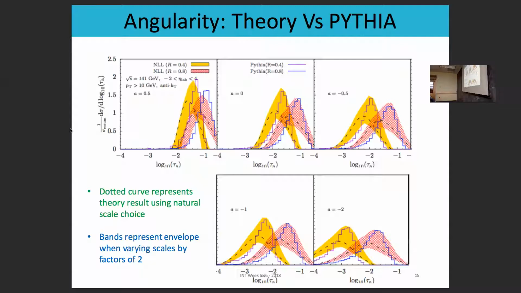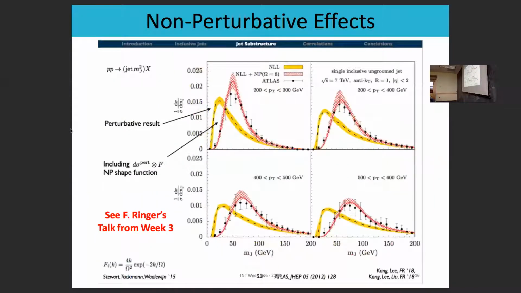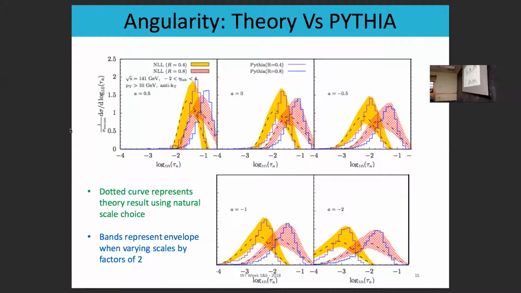There's some parameter here that is set to 8. I don't know exactly what the parameter means; it's somehow quantifying the size of these non-perturbative effects. So does this mean that this jet tau is not a perturbatively calculable quantity, that you need some non-perturbative extra input with ATLAS data, or is there some prospect that improvements in theory will help?